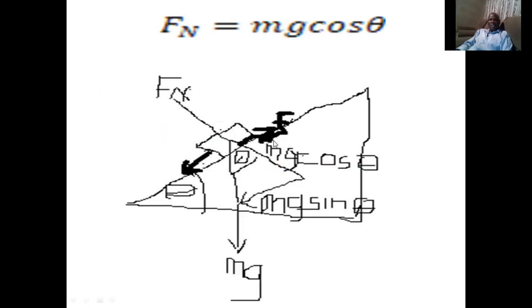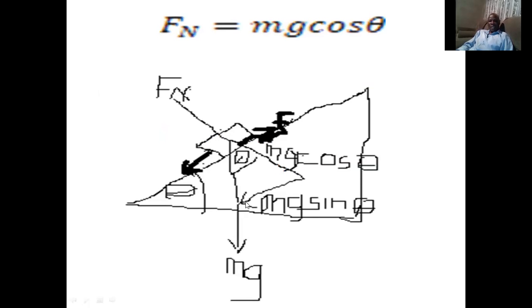As we indicated, for an object on an inclined plane that is not moving up or down, the normal force will be equal to mg cos theta. This angle here, theta, is equal to this angle here.